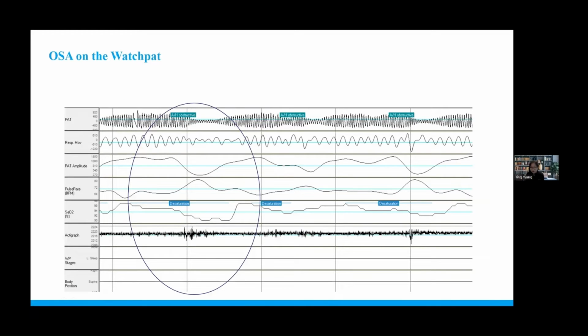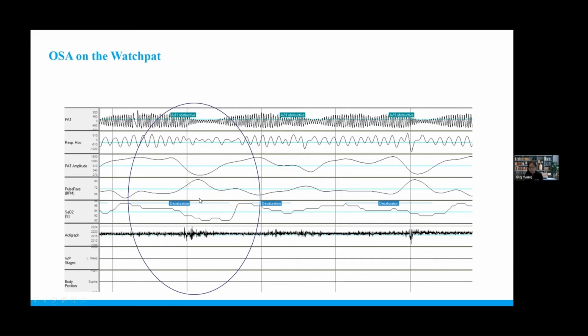This is kind of different from what OSA looks like on the WatchPat. Again, I just took a quick snapshot, but like I mentioned, the WatchPat is very different from the PSG, in that it does not monitor breathing. So there's no nasal cannula. Instead, the algorithm uses surrogate physiologic markers of arousal.